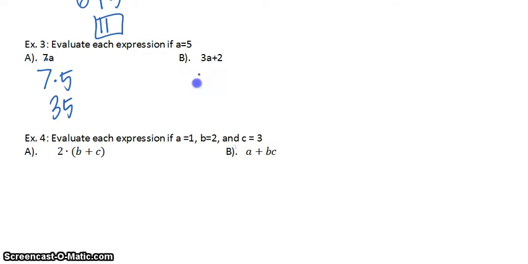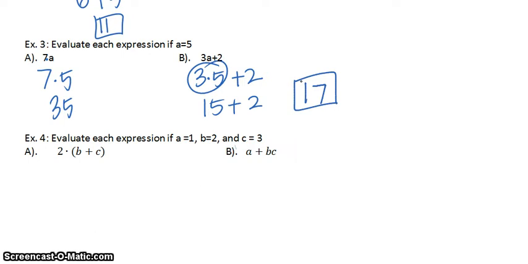So we have 3 times 5, because it's 3a, plus 2. We have to do 3 times 5 first, which is 15, plus 2, and that gives us 17 as our total. And lastly, got to plug some in. We keep the 2 the same, 2 times, and all I'm doing is plugging in the numbers first. So 2 times the quantity 2 plus 3.